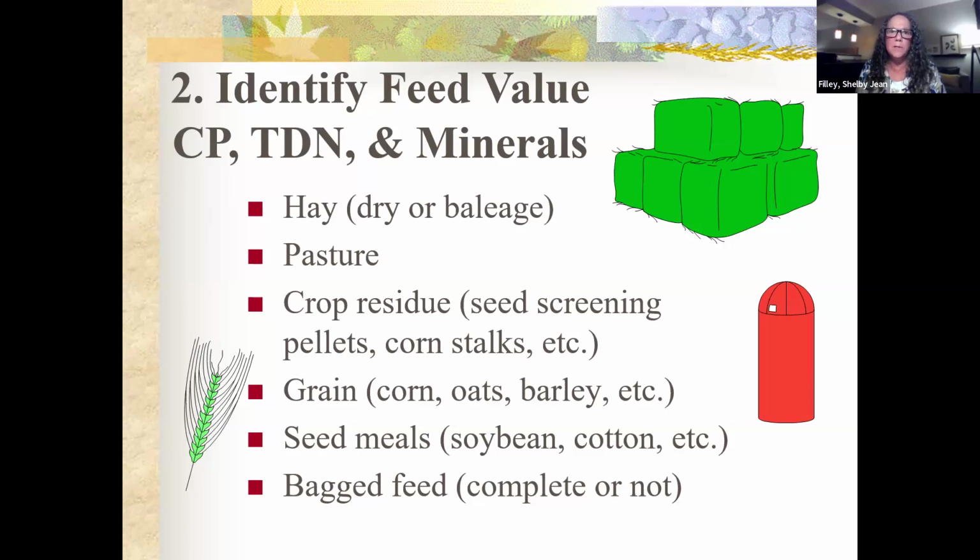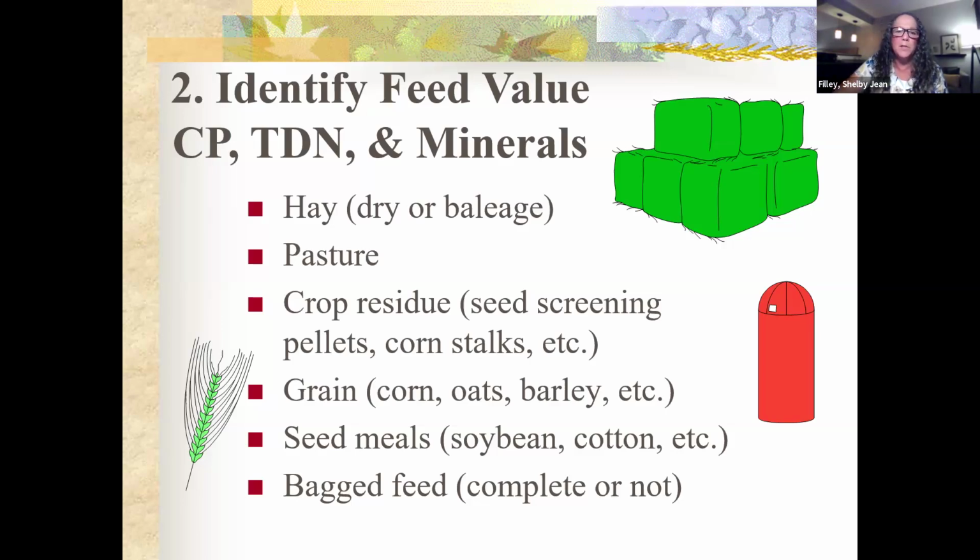So there are tables in the books, and also online, to tell you what those numbers actually are, the amount of crude protein and energy. So next we'll identify the feed value, the crude protein and energy, and the mineral content of different feeds.